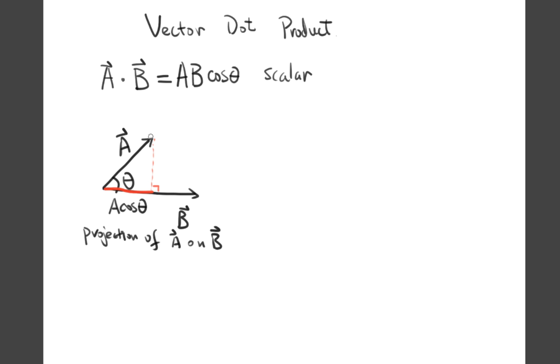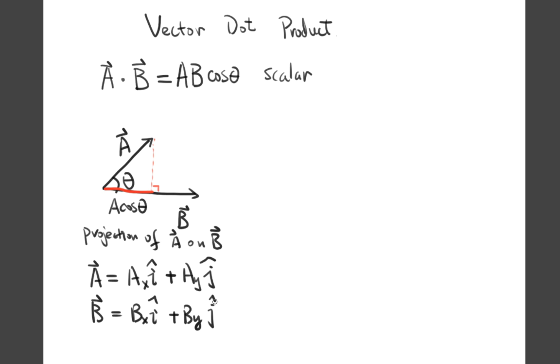Now let's talk about how to perform vector dot product using components. Suppose we know A is given by AX times I hat plus AY times J hat, and B is given by BX I hat plus BY J hat.